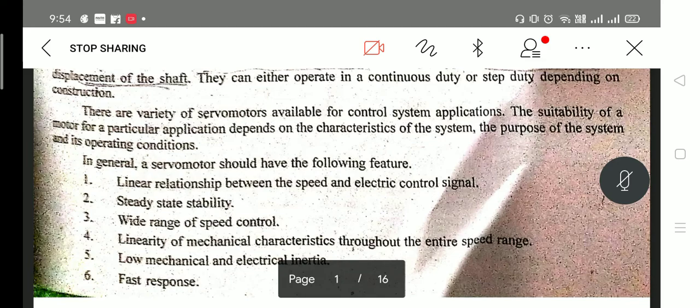Okay. Steady state stability. Here, wide range of speed control, either low to high or high to low. Linear mechanical characteristics throughout the entire speed range.